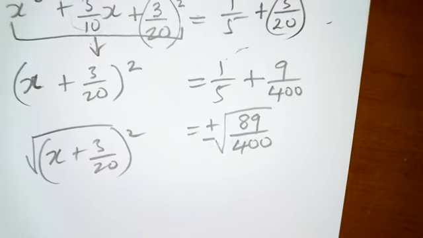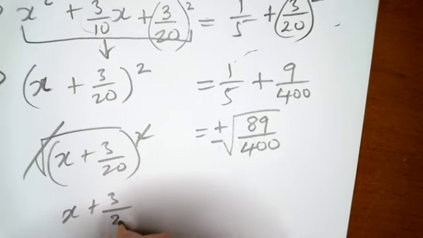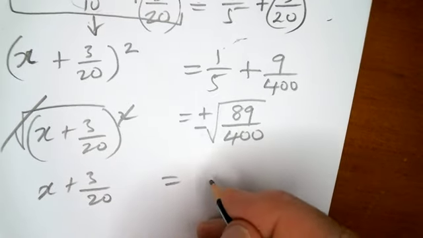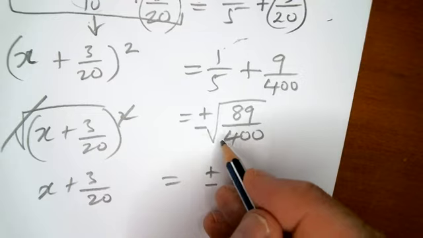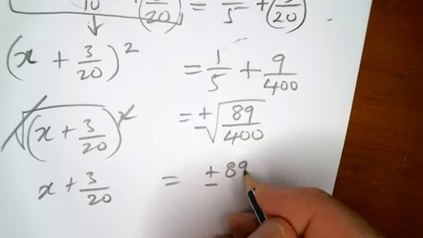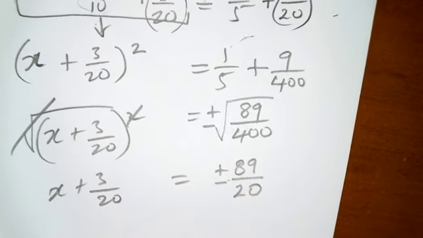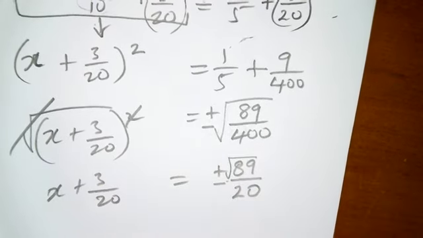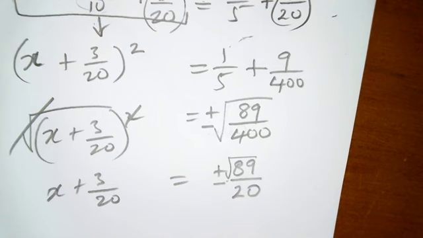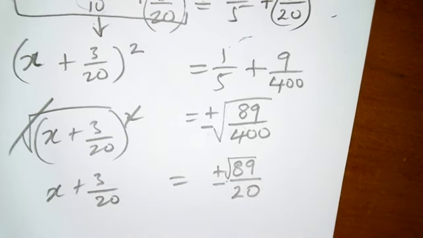Now this is where I can do a little bit of magic. So I've got x plus 3/20 is equal to plus or minus, but we know the square root of 400 is 20. We don't know the square root of 89 easily, so I'm just going to write that as root 89 over 20. Now, here's the really useful bit. Really, it's only root 89 that is the plus or minus bit.